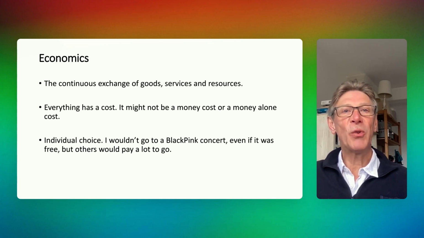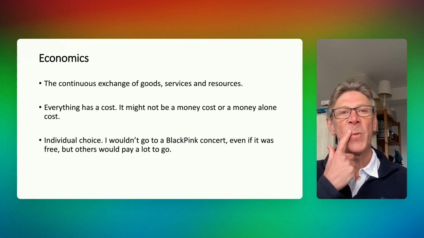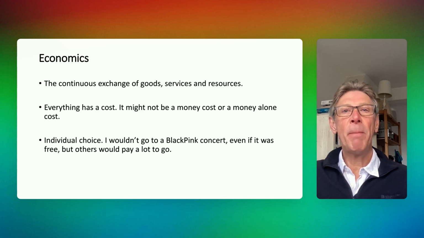It might be resources, you pay for your water or you pay for your electricity. Everything's got a cost. It might not be a money cost alone. The cost might be your time. But often it is a money cost.